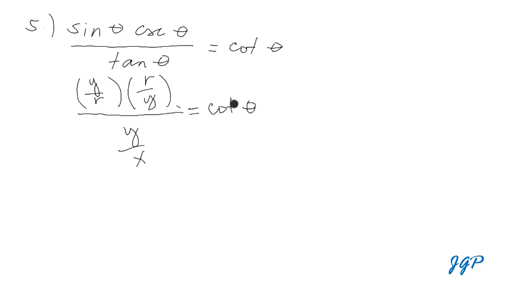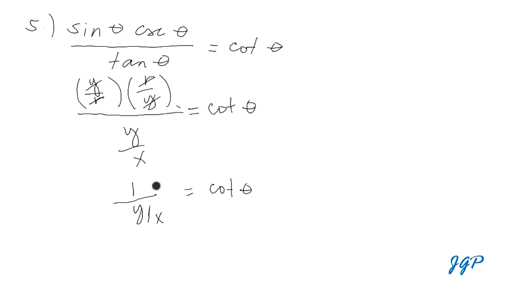Simplify muna natin yung ating numerator. In this case, pwede mo i-cancel si r, becomes 1, pwede mo ring i-cancel si y, becomes 1. So ibig sabihin, naging 1 na yung numerator natin. So 1 over y over x is equal to cotangent theta.